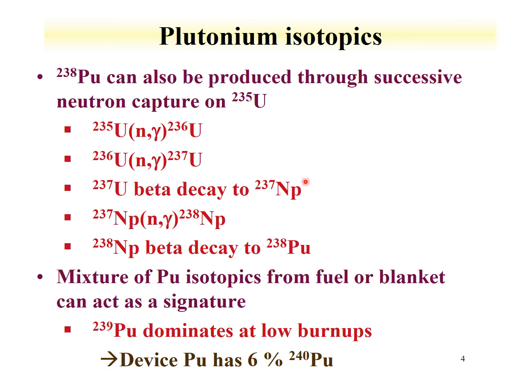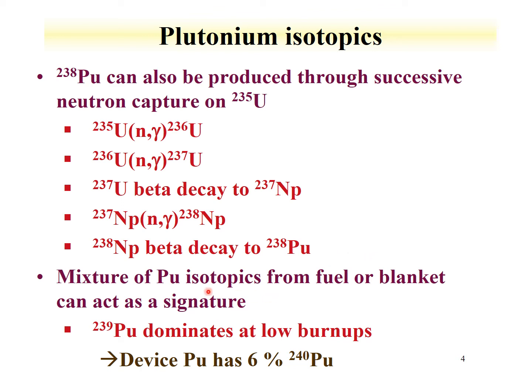This neptunium-237 captures, going to neptunium-238, which then beta decays to plutonium-238. This route, this neptunium to plutonium-238, is also the route for the production of plutonium-238 for thermoelectric uses.